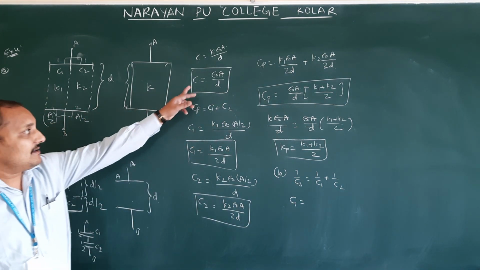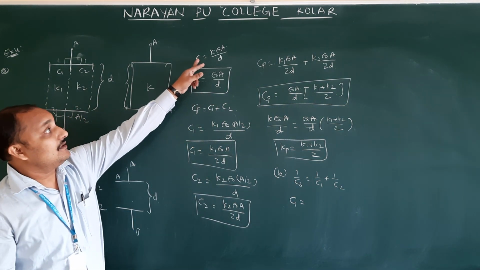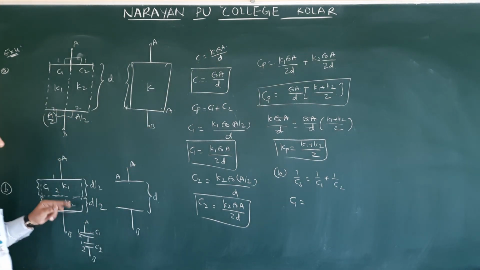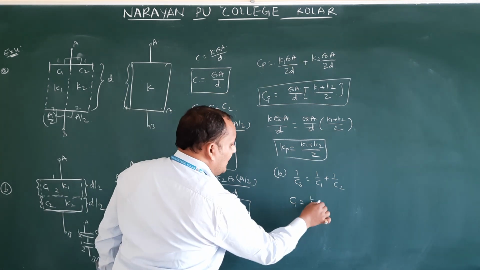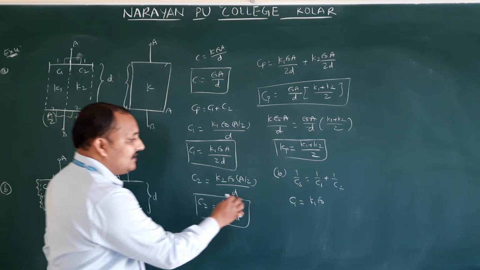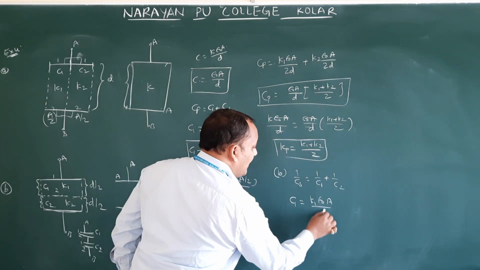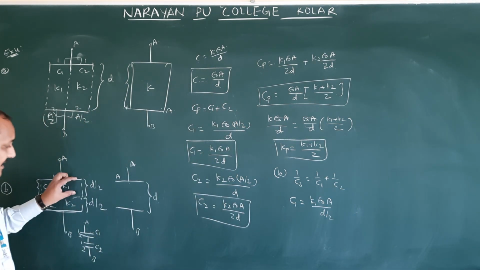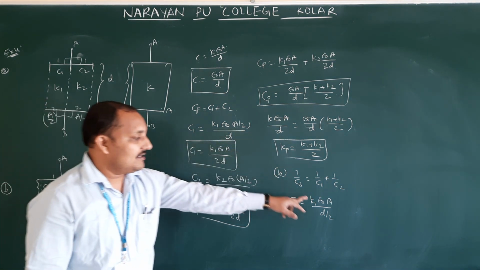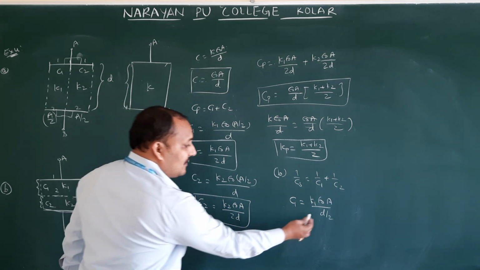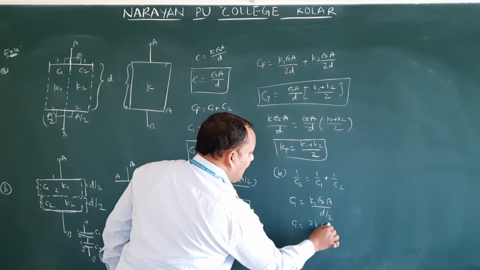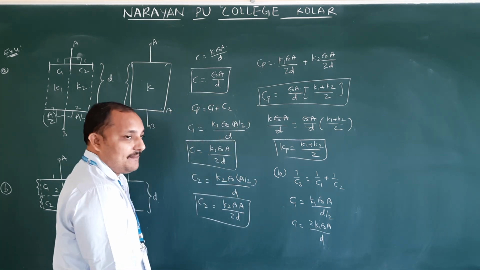By using K epsilon naught A by d, in place of K here we have K1, K1 epsilon naught, with the total area A occupied. The distance is only half of d. In the previous question it was half of the area; in this question it is half of the distance. Therefore this 2 goes to the numerator. C1 is equal to 2K1 epsilon naught A by d.